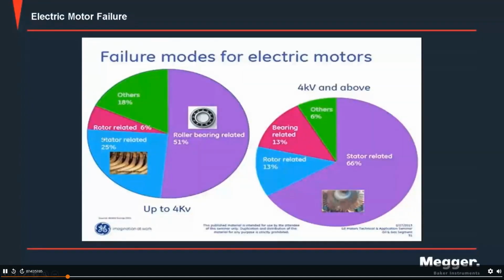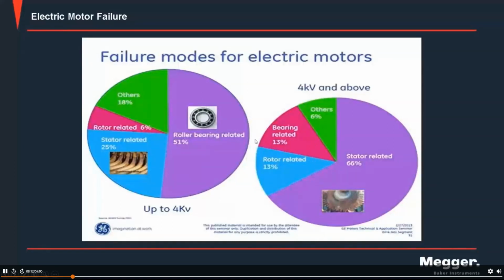The second single leading cause of failure, and really what we're going to be focusing on today, is those that are stator related. Here we see 25% of motor failures are stator related for these lower voltage motors. For motors over 4,000 volts, we see that stator related piece of the pie jump to 66%, primarily because we move away from rolling element bearings into sleeve bearings.